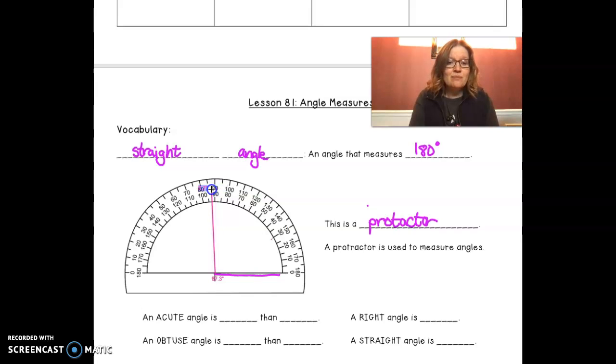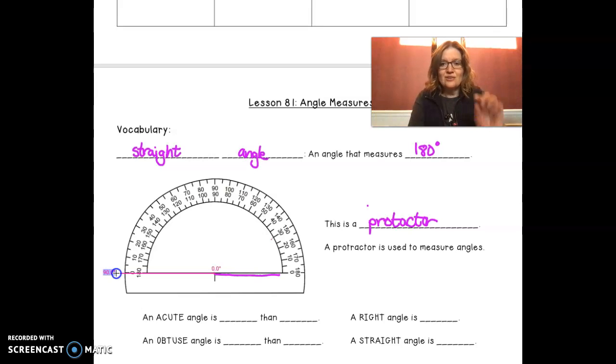Then we keep going to 100 degrees, 110, 120, 130. Look at how big that angle is. 150 degrees, 160 degrees, here's 170 degrees, and look what we have, 180 degrees. Now, that's where we get the 180 degrees.